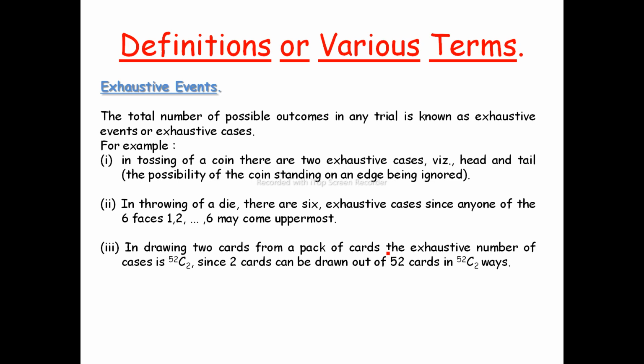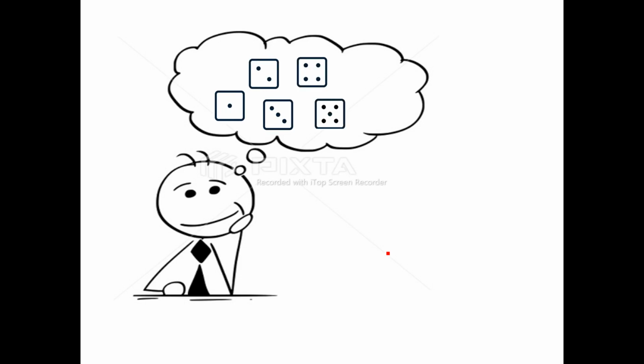In my future videos you will get to know how we solve this 52C2. For now you should understand exhaustive events. Suppose you are about to throw a die: 1 can come, 2 can come, 3, 4, 5, or 6 can come. These are the maximum number of possibilities when you are about to throw a die.